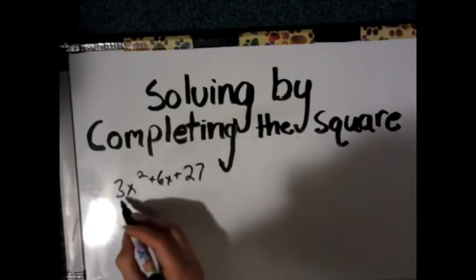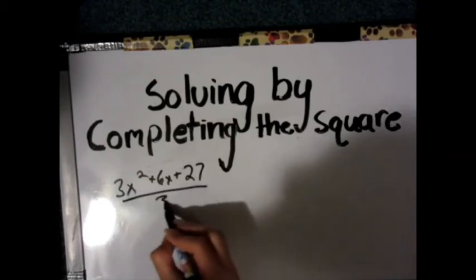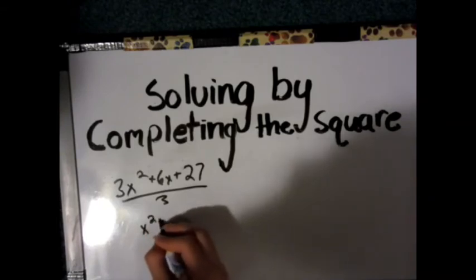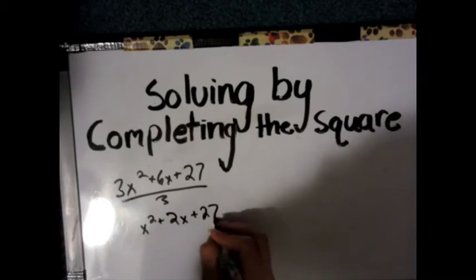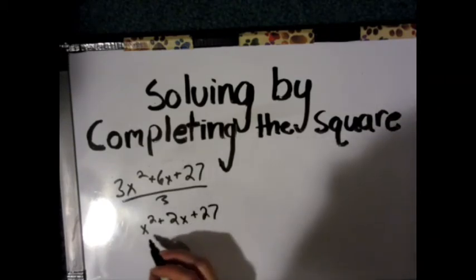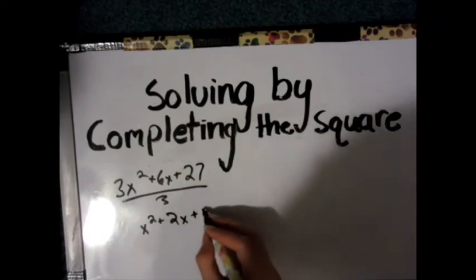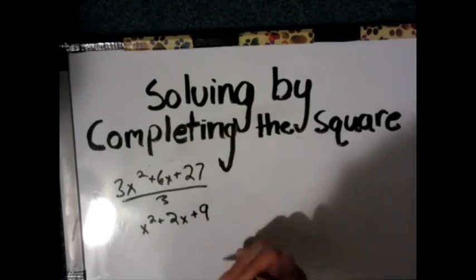Alright, and because there's a coefficient out here, you're going to want to divide everything by 3. So, x squared plus 2x plus 27. Not 27. I'm sorry. Plus 9. Because divided by 3. Alright.